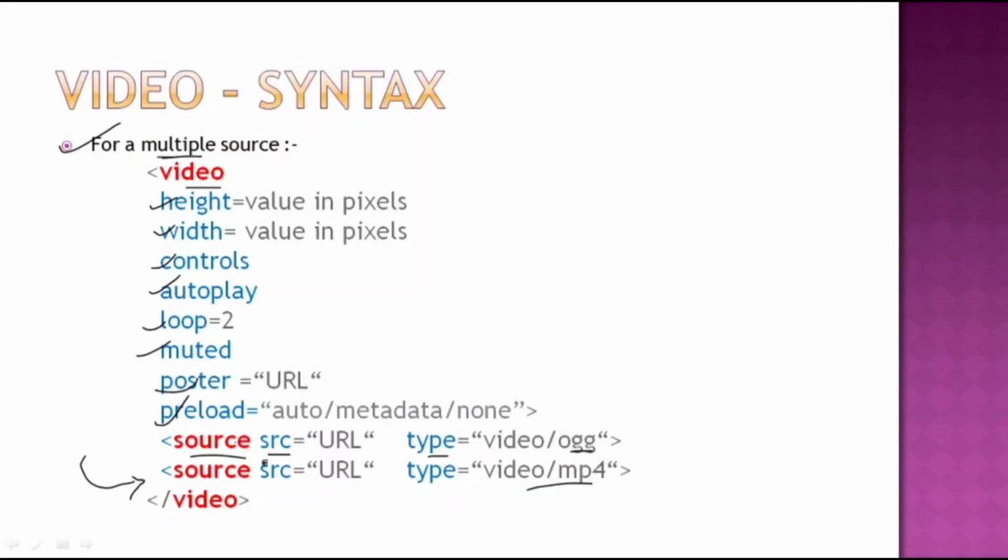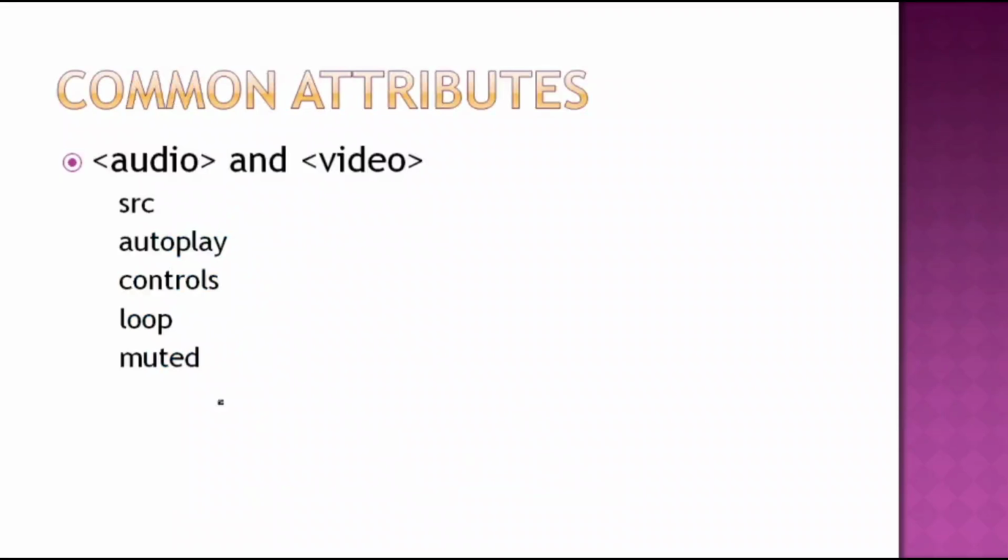So these are the file types, OGG and MP4, and this is the syntax for multiple sources. Now the common attributes between the audio and video tags are src, autoplay, controls, loop and muted, while the additional attributes for video are preload and poster.